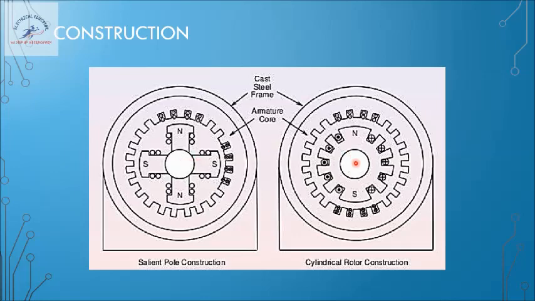So in the cylindrical rotor construction, also called a smooth cylindrical rotor or non-salient rotor, instead of having separate protruding structures, there is a drum like structure and the entire drum is wound by windings, thus making this drum a two-pole magnet.